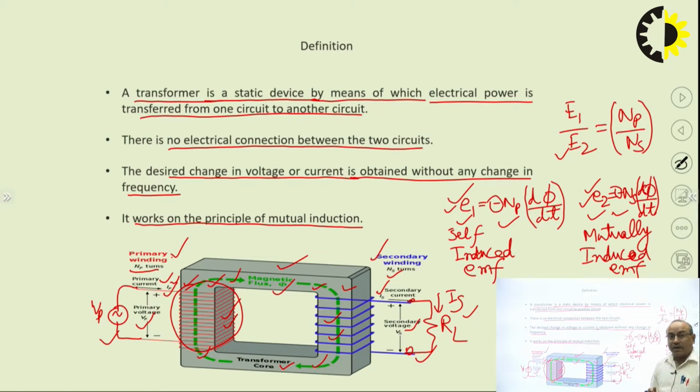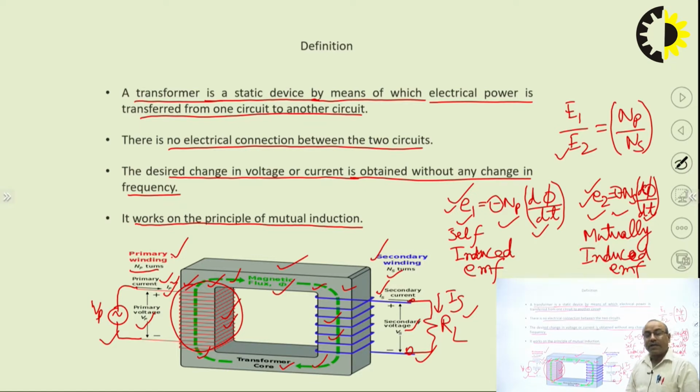So, from this we can see that the induced EMF on the two sides is basically dependent upon the rate of change of flux linked on the two sides. Now, the rate of change of flux d phi by dt, which is linking the primary side and the secondary side, is identical on the two sides. That is why the frequency of the induced EMF on the two sides is the same.